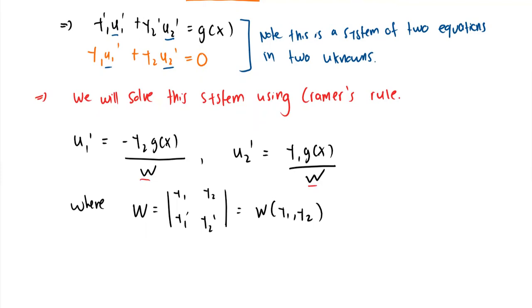Now, why else is it important that we're writing it like this with the Wronskian? Well, we know we're dividing by w here. What happens if w is 0? That could be a problem.